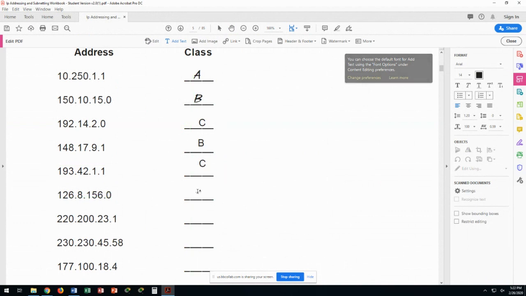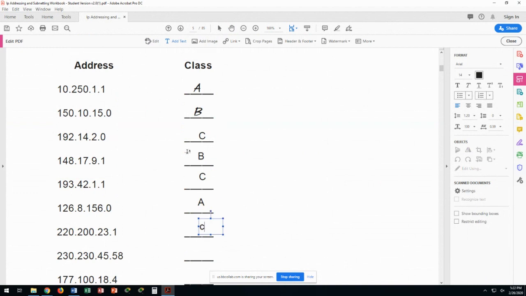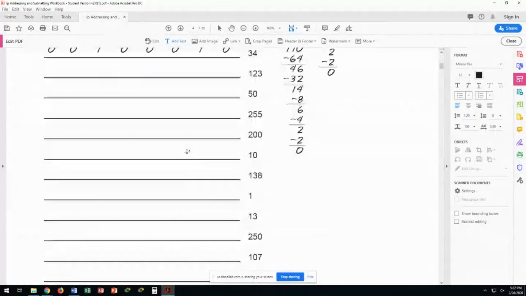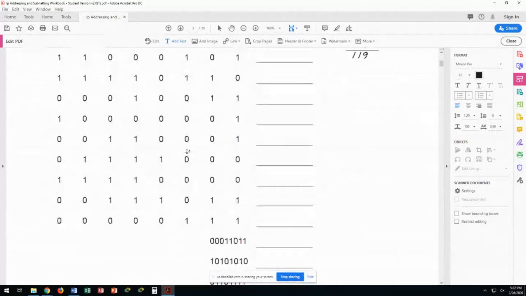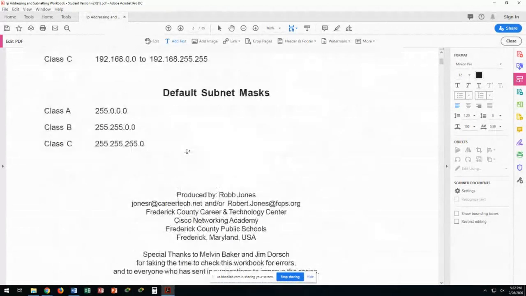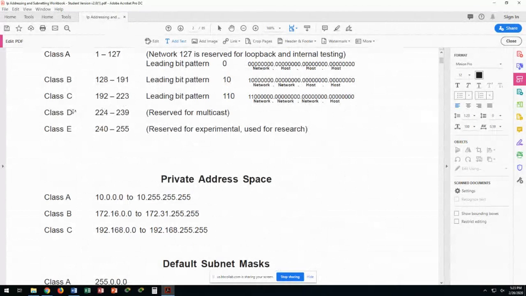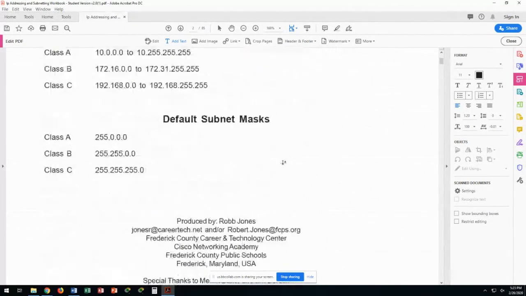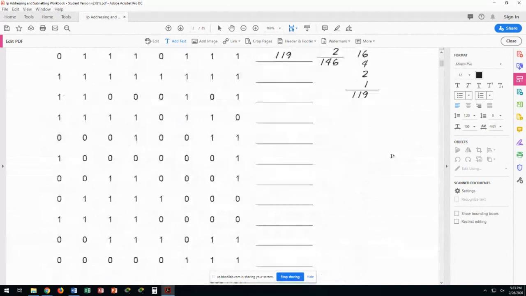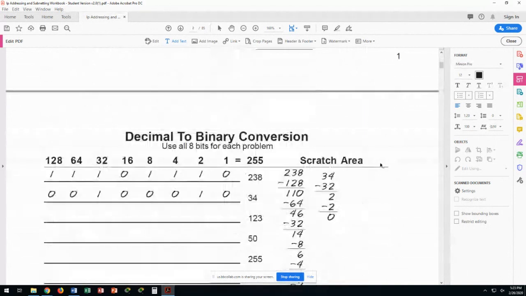Okay. 126. A. All right. 220. C, right, C. Right, so you can go back up here, but yeah, I'm not going to go do the others because they'll start getting into D's and E's. But so C goes to 223, right? Okay, so there's that, identifying that.